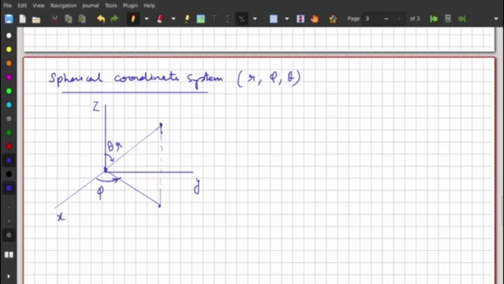This is the point P, this is the direction of dr. This is one direction, and then we have another direction which is parallel to this.